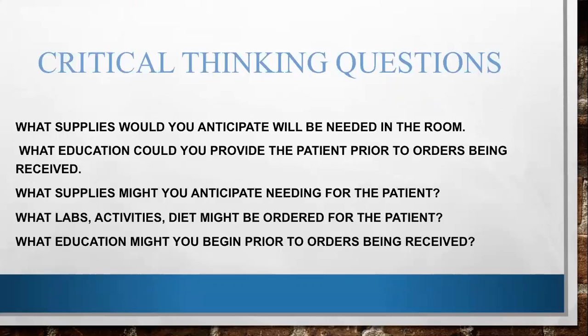What supplies might you anticipate needing for the patient? What labs, activities, diet might be ordered for the patient at this time? What would you anticipate? What education, if any, might you begin prior to orders being received? Once again, would you educate the wife, the daughter, and the patient?